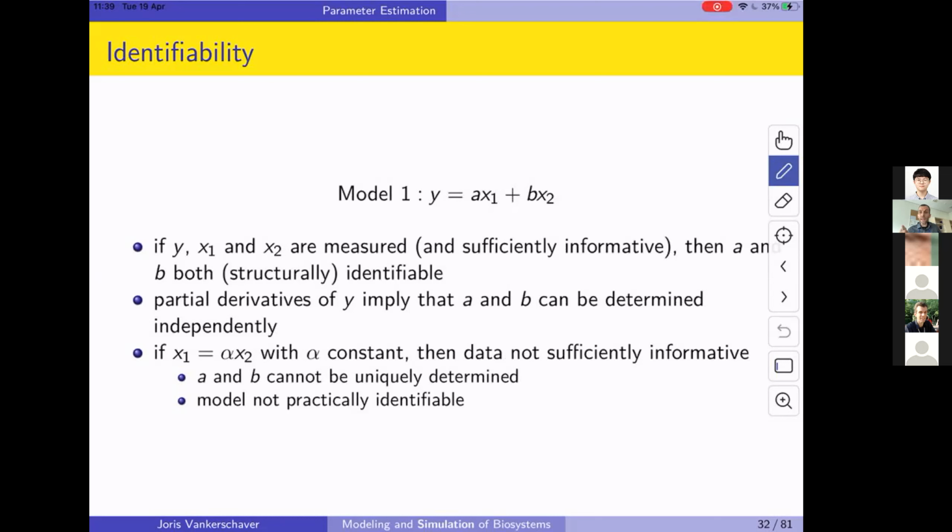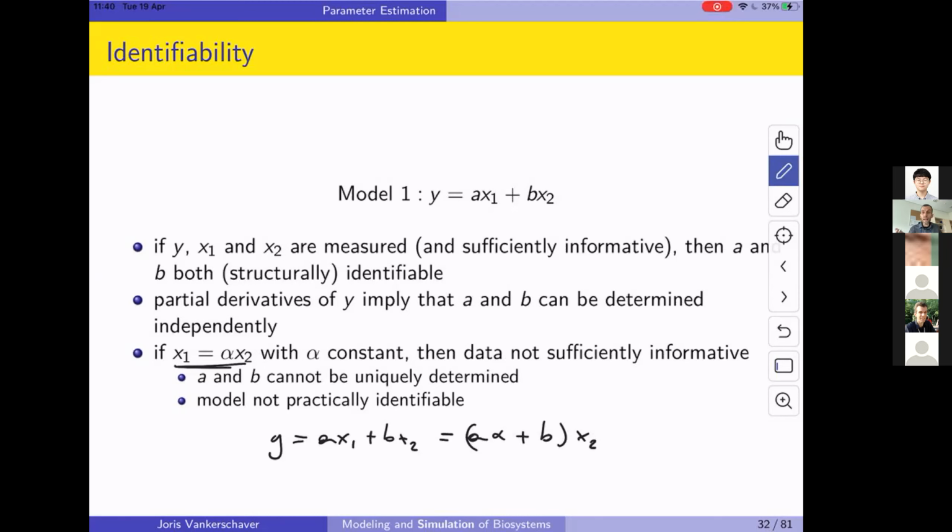So if my data set has that kind of correlation, then my model becomes a x1 plus b x2 equals a times alpha plus b times x2. Now you see I only have one independent predictor, x2, and I get a combination of my parameters, a combination that involves both a and b.